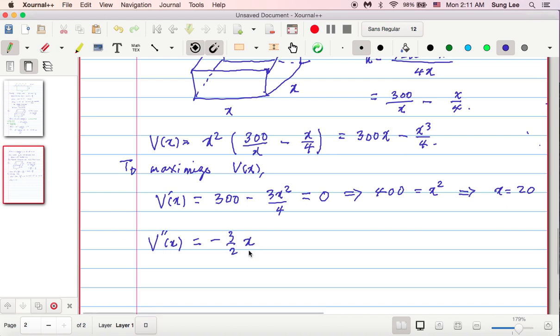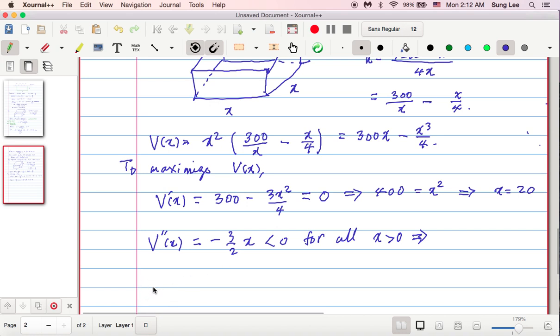Now x is positive, so due to this negative coefficient, this is always negative for all positive x values. This means that the graph of V of x, the volume function, is always concave down.